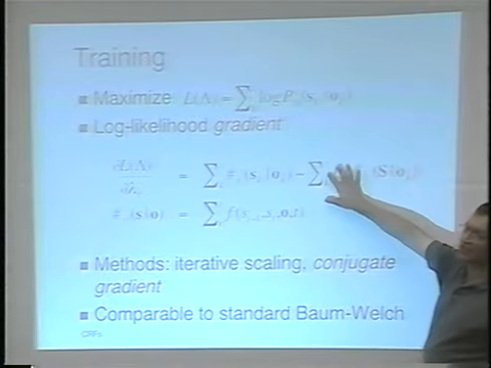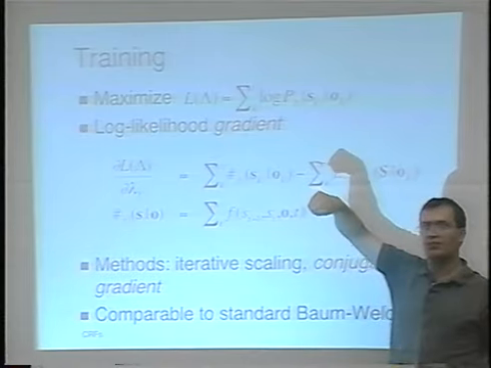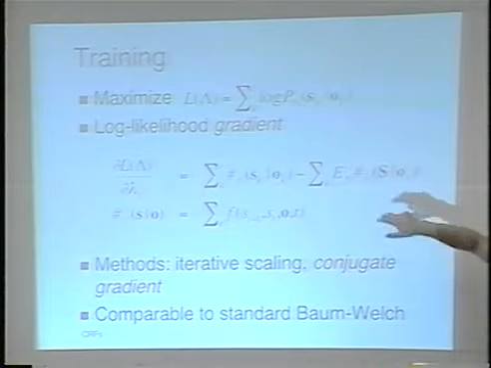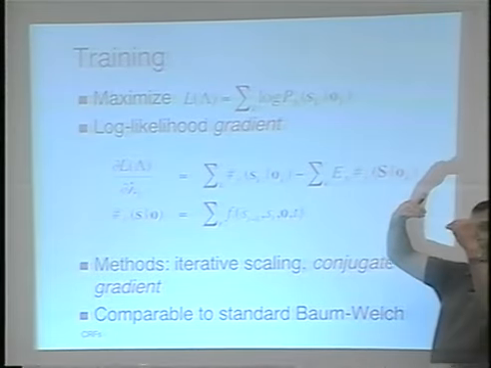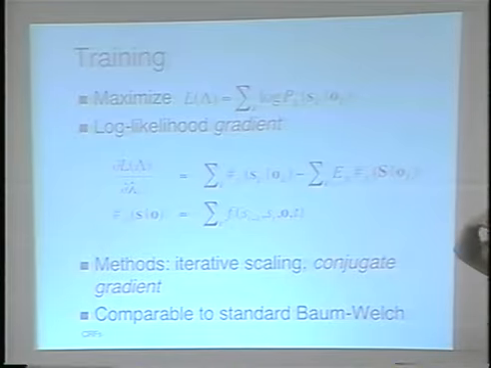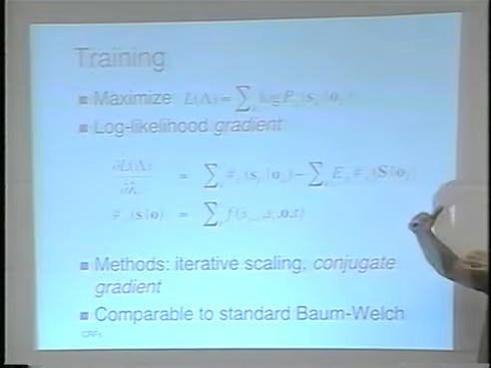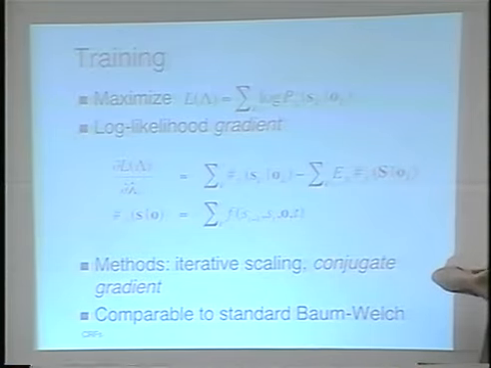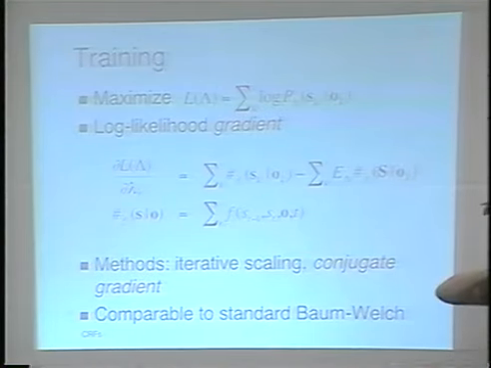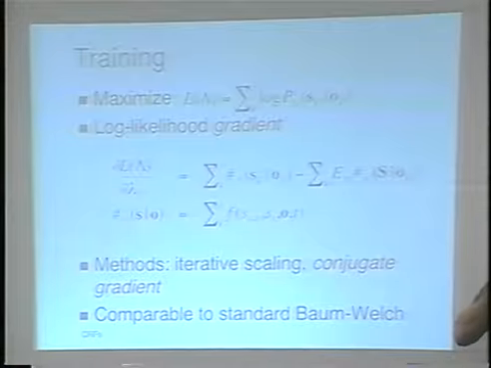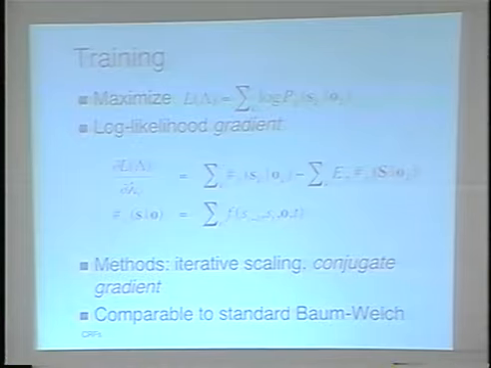And it turns out that expectations can be computed by forward-backward. There are actually two forward-backward steps. You have to compute the normalization, which is forward-backward, and then you have to compute the actual counts, which are also done in the forward-backward computation.